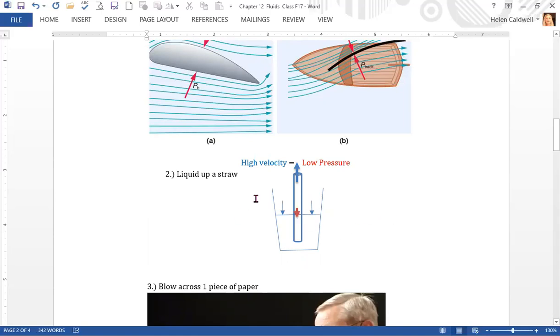And the outside, what we have is high atmospheric pressure. I guess I need to move that over just a squidge. High atmospheric pressure.